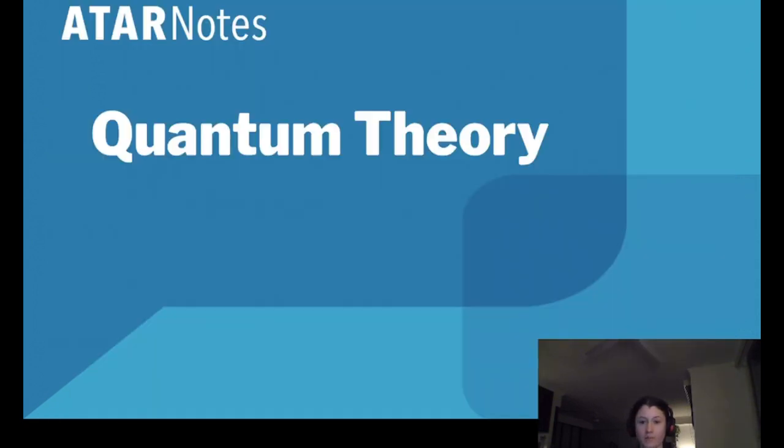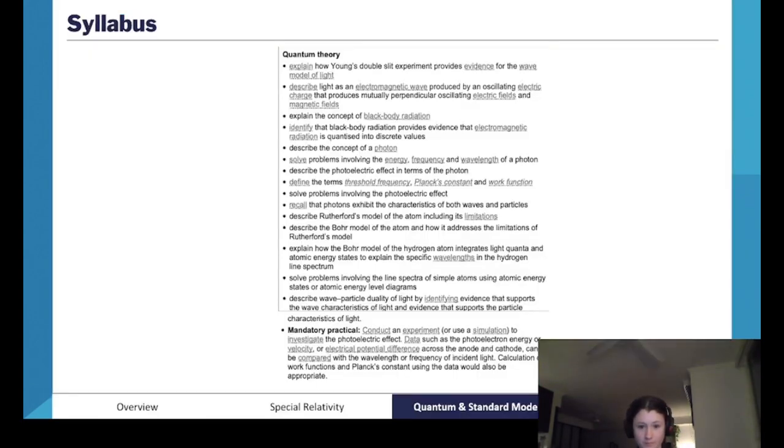Alright, now let's get on to our next topic today, which is on quantum theory. So, here we have a snip of the syllabus on quantum theory. The main things that you need to be able to do is you need to be able to explain light as a wave and light as a particle.